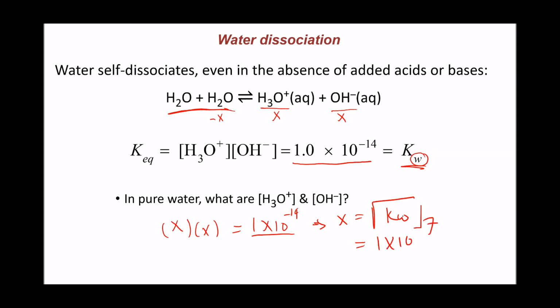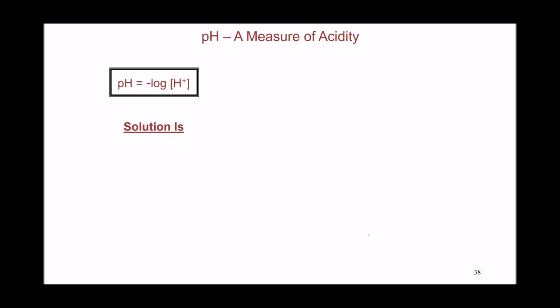So in a sample of pure water, the hydrogen ion concentration and the hydroxide ion concentration are going to equal this value right here. As you know, we have the pH scale as a measure for the acidity or the strength of the acid. And the pH is defined as negative log of the hydrogen ion concentration in solution.